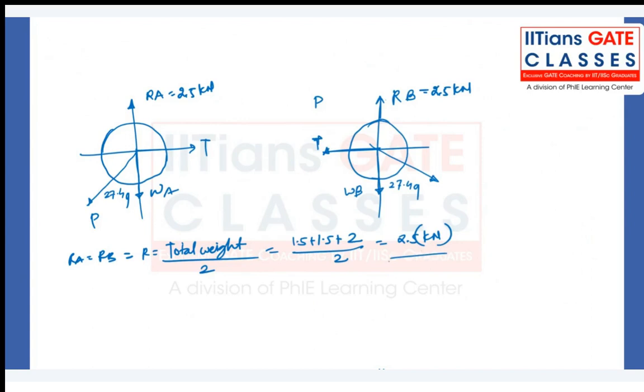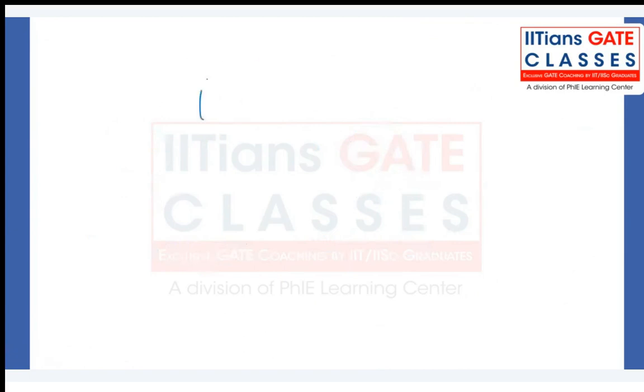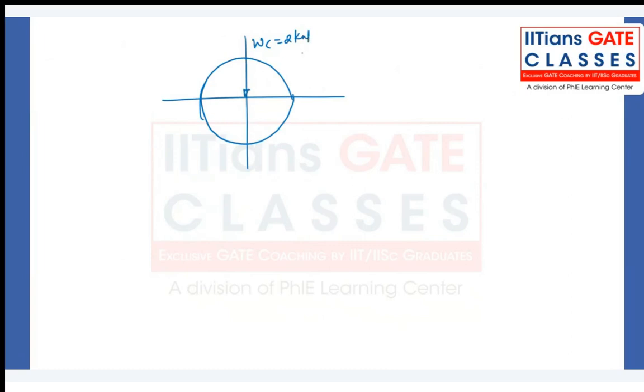Yes, okay. So you can draw the free body diagram of the bigger cylinder as well. How the free body diagram will look like is this. We have weight acting downward, 2 kilonewton. We have force P, and one more force P. And the angle, which is theta, we have already calculated.